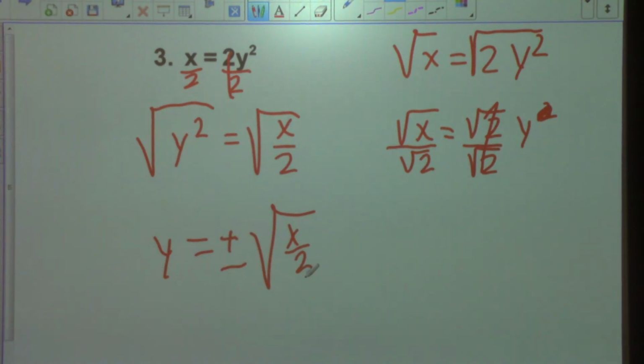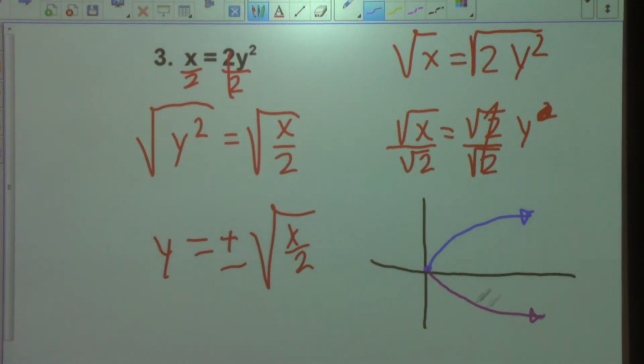And so in this case, is y a function of x? Okay, let me graph this. Here is the positive square root of x over 2, and here is the negative square root of x over 2. Is y a function of x?